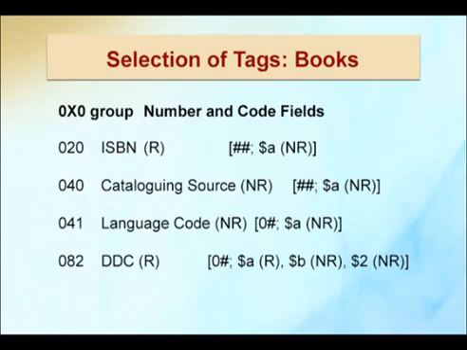Similarly, under 082 DDC you see there are 3 subfields. Subfield A is the class number, B is the item number, and subfield 2 is basically the edition number you are following for the DDC. Suppose you are following the 20th edition of DDC, so the $2 value will be 20.